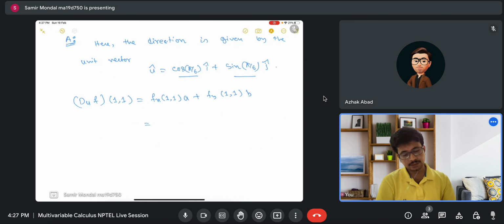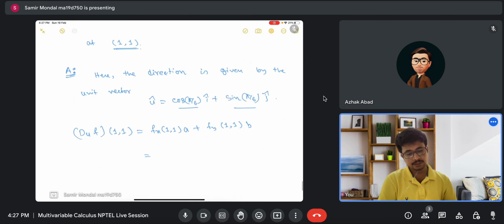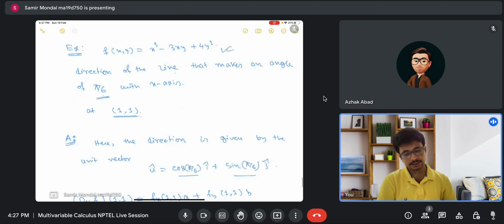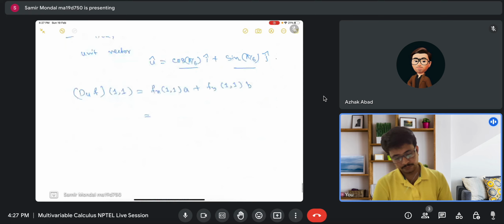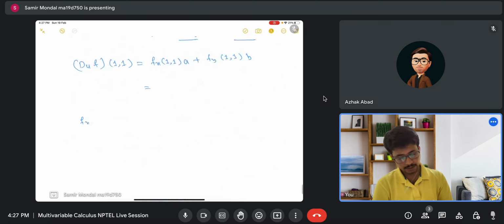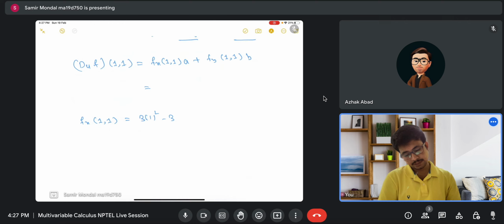What is f_x at the point (1, 1)? It is 3x square minus 3y, which means 3.